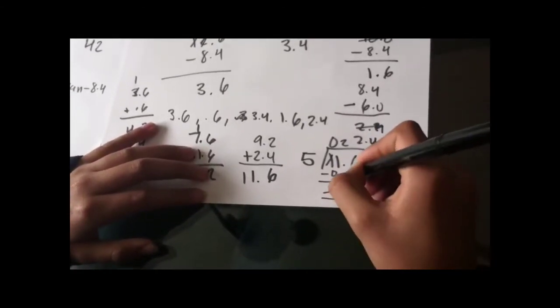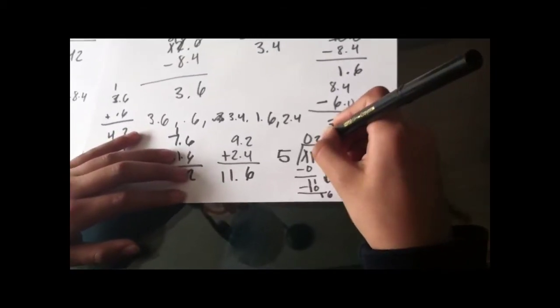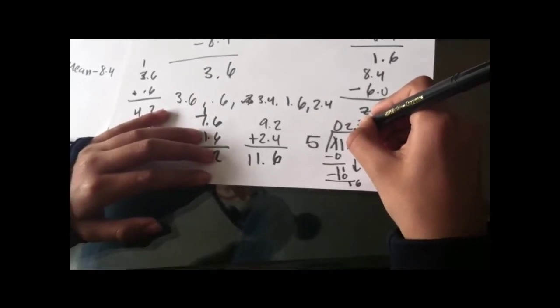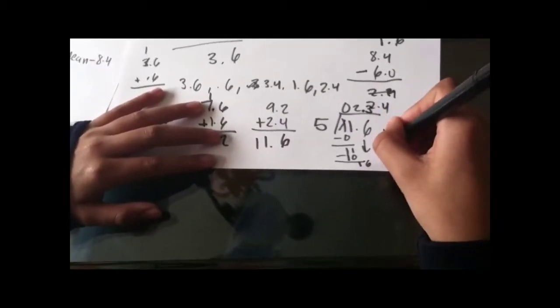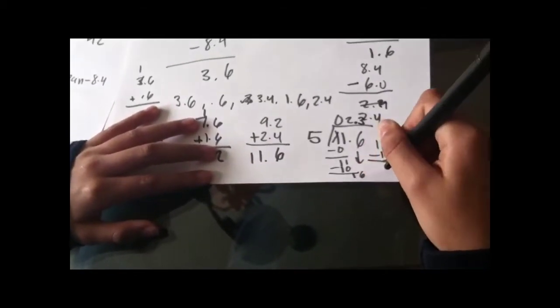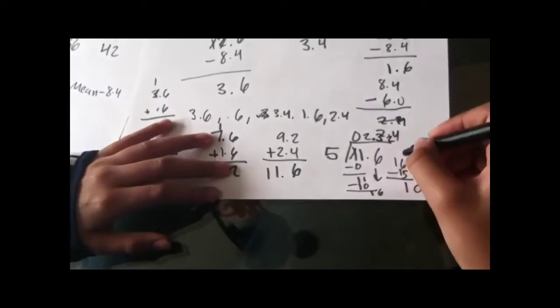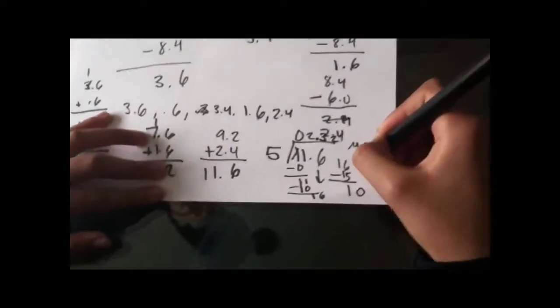And then 6. Point 3, so 5 goes into 16 3 times. There's a remainder of 1, then 10. 5 goes into 10 twice, so our M.A.D will be 2.32.